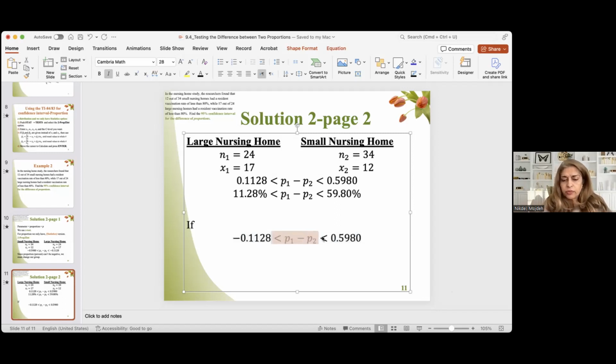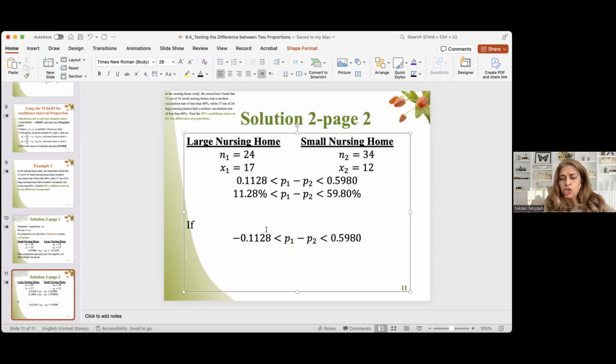If one number is negative and one number is positive, and you say, oh, I have to switch the group because a proportion cannot be negative, and you switch the group, this happens: again, on the left you end up with a negative number and on the right a positive number. So do not switch groups anymore.